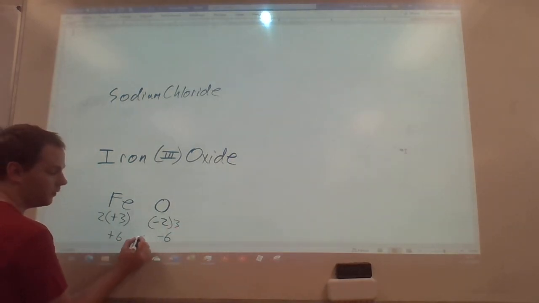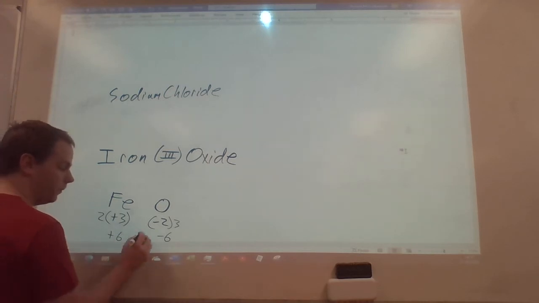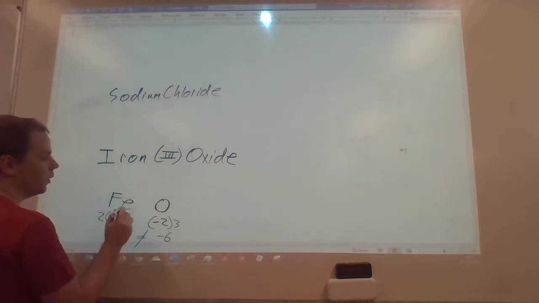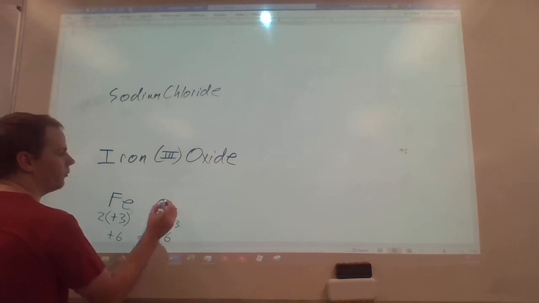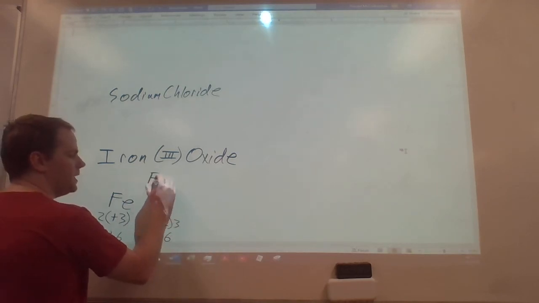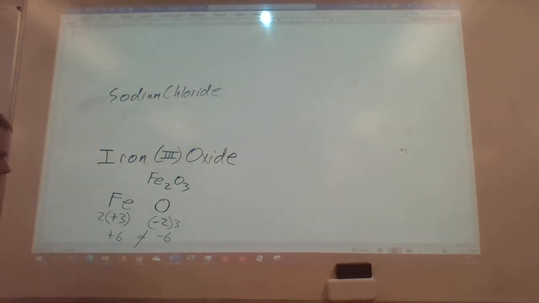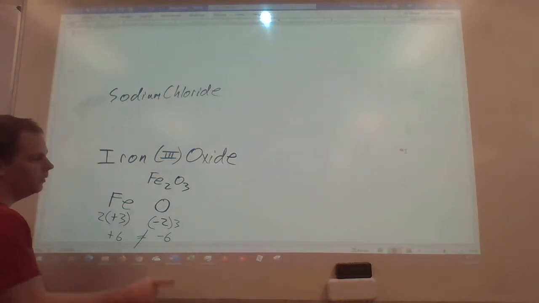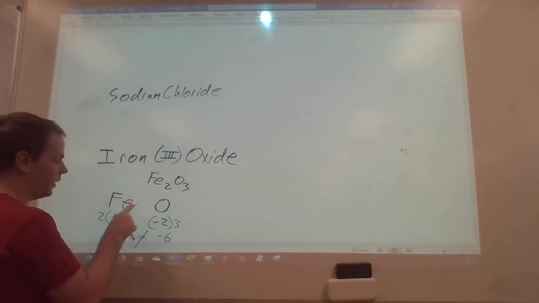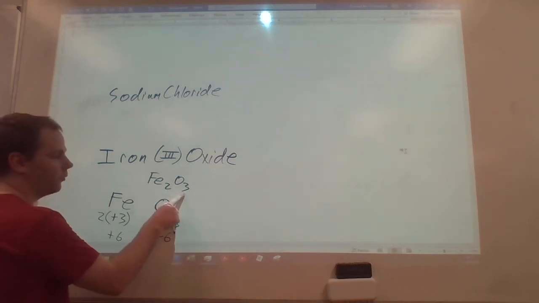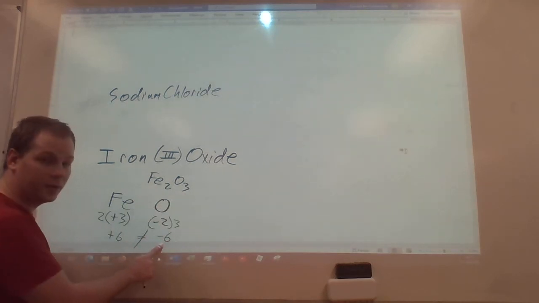Positive 6 and negative 6 cancel each other out. So then our formula for iron 3 oxide has to be Fe2O3. There's 2 irons, which give us a positive 6, and 3 oxygens, which gives us a negative 6.